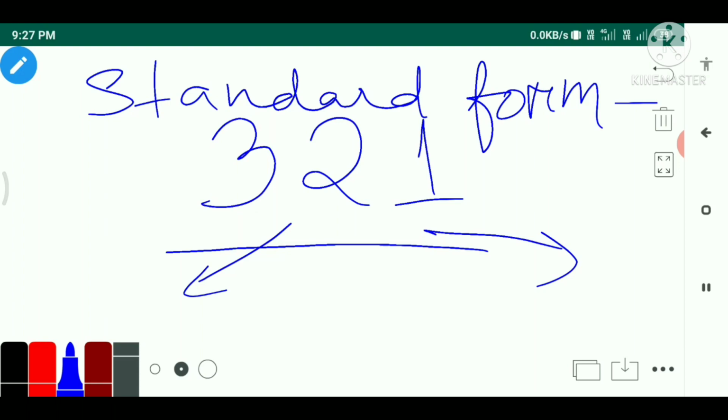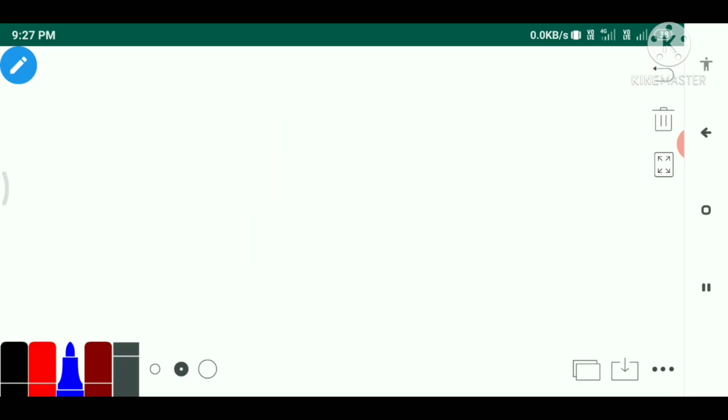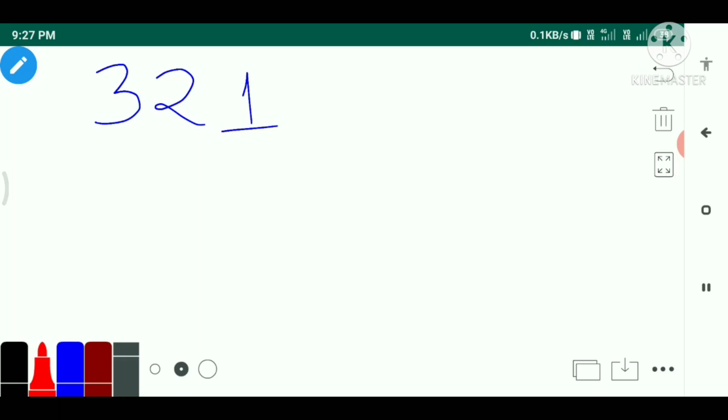Now how can we stretch any number? Let me show you. So again, 321. In order to write any number in expanded form, we will see the place value. Here you can see the place value of 1 is ones, then tens, and this will be 100.